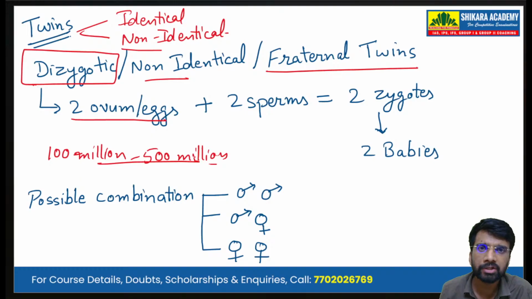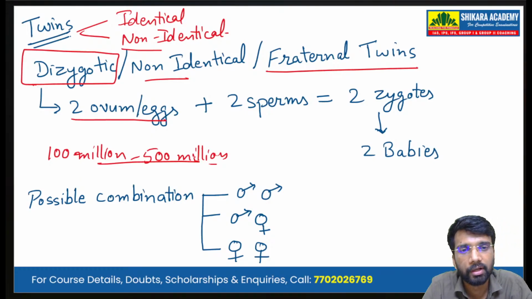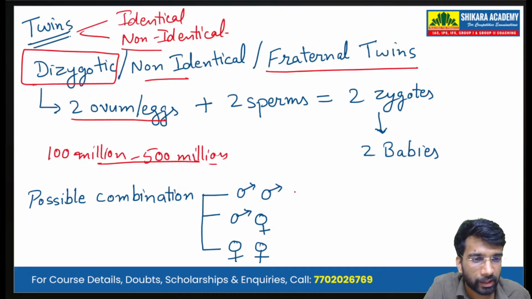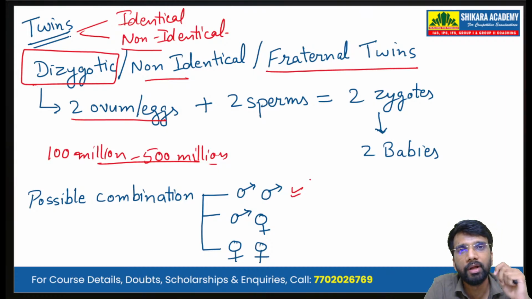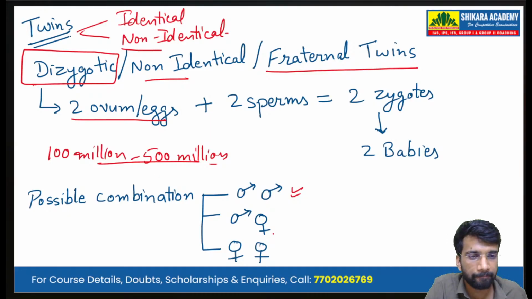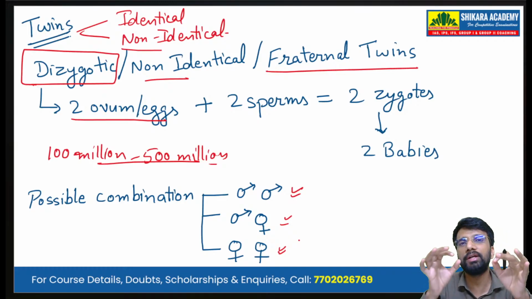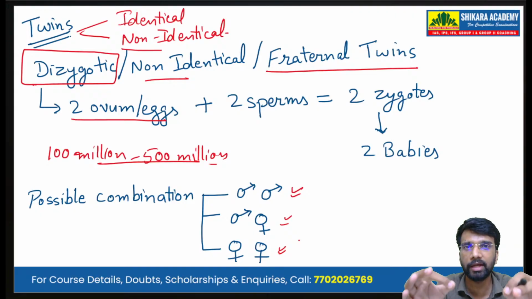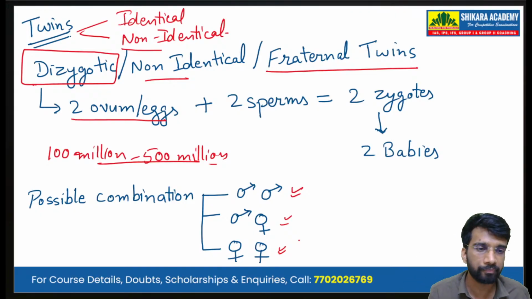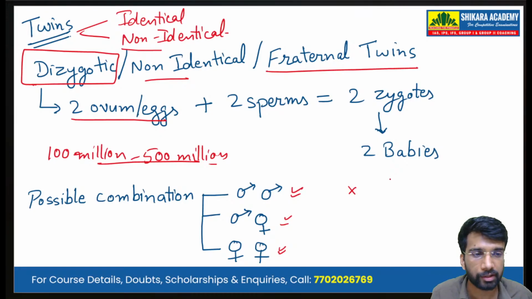Now, the possible combinations of babies that we can get from these non-identical or dizygotic twins are: both the babies can be male, or one male baby and one female baby, or both female babies, because two different sperms are fertilizing two different ova. The ovum has the X chromosome, but the sperm that fuses with it might have the X chromosome or the Y chromosome.